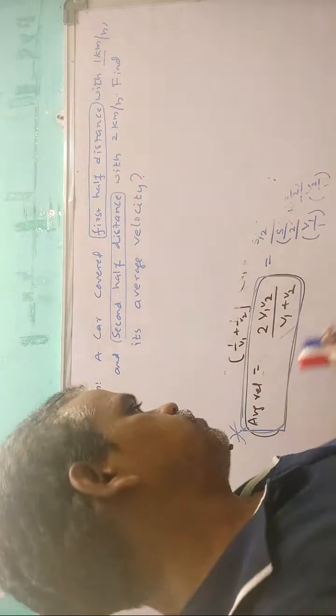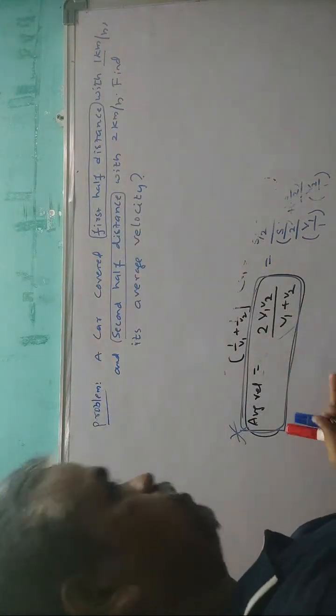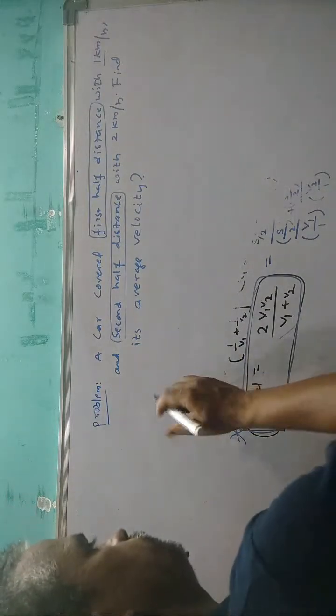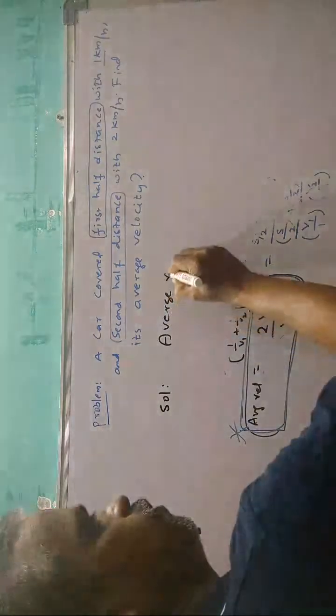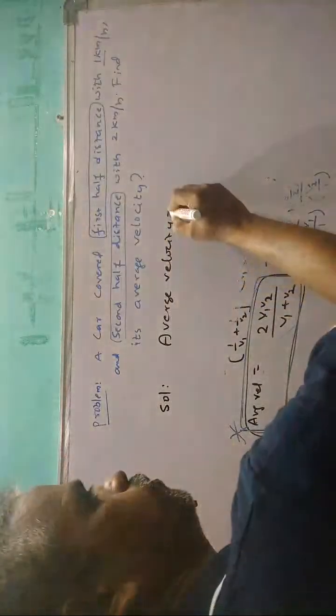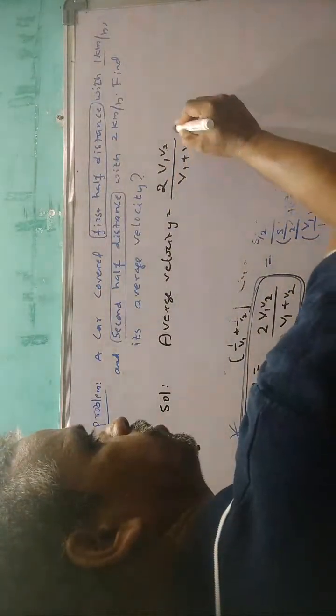Use this formula: average velocity is 2V1 V2 by V1 plus V2.